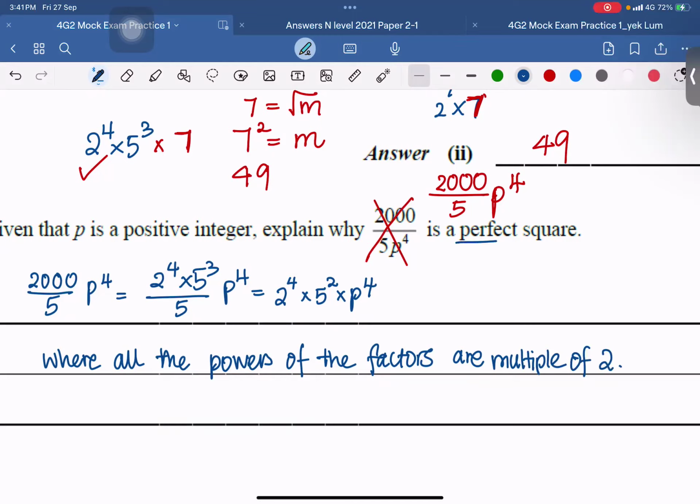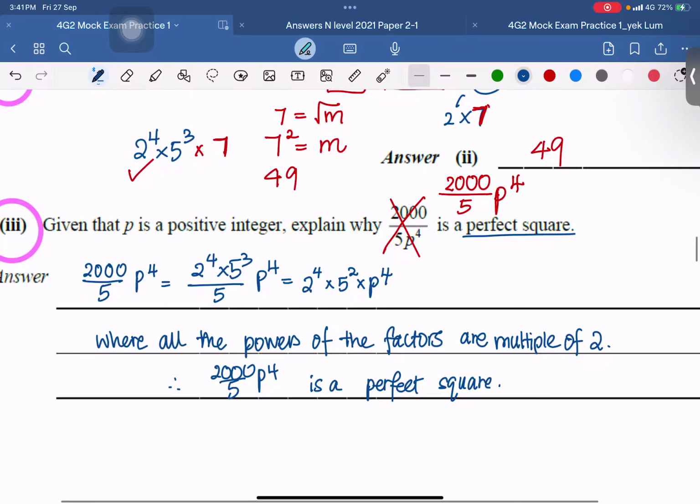So when all the powers are multiples of 2, therefore this number, whatever is given, is a perfect square. Is this okay now? You need to process and write down this. We are looking for this actually. So you need to give me this part of the working.